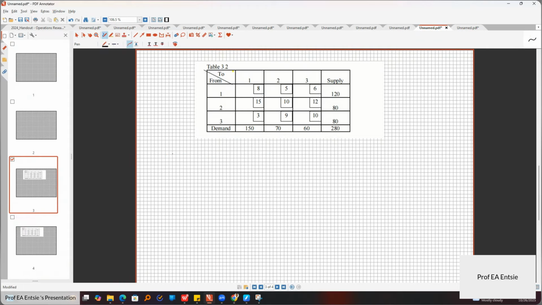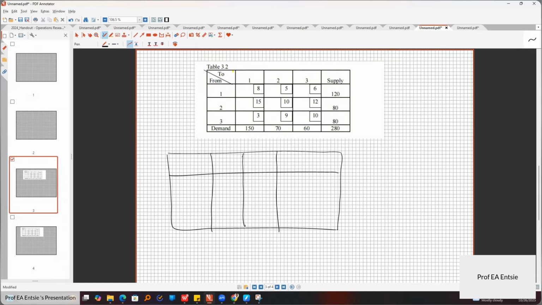This is the easiest among the methods that we'll be looking at. Here we have plants one, two, three, then supply and demand. Here is the demand: 150, 70, 60, total 280.